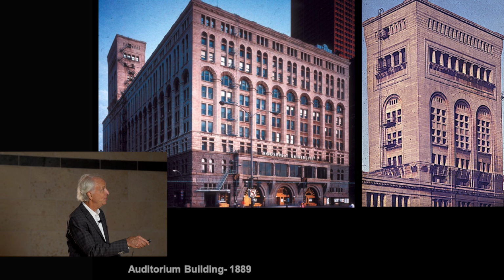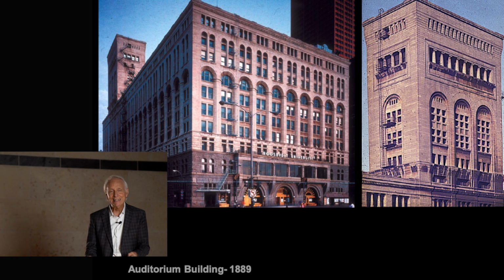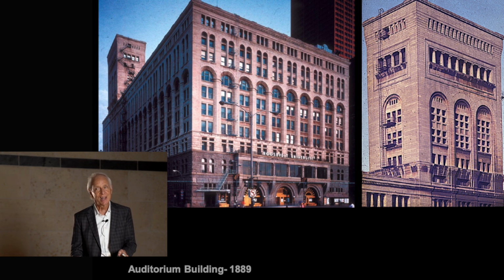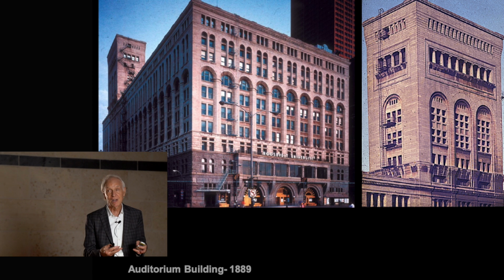That articulation owes a great deal to Richardson. I would say at this point, this is a young architect not quite finding his legs. He's doing a lot of borrowing, but he's borrowing from good sources, and he's understanding it. But this is not a building particularly driven by theory.